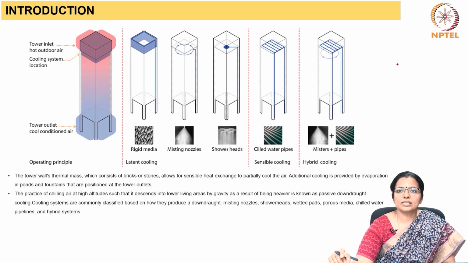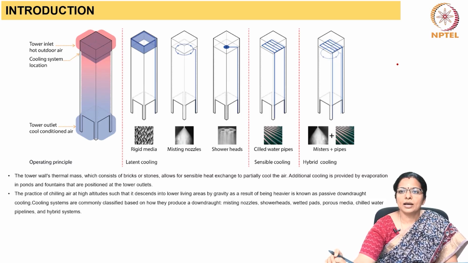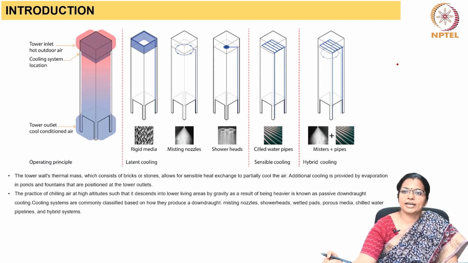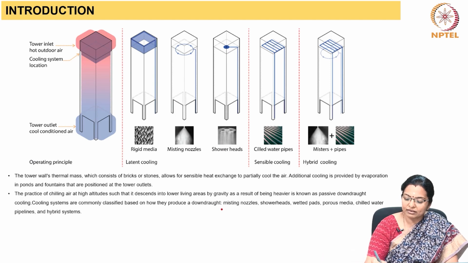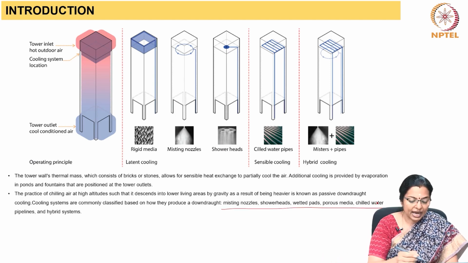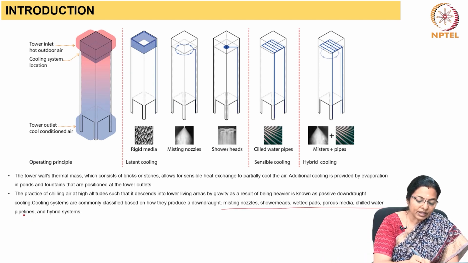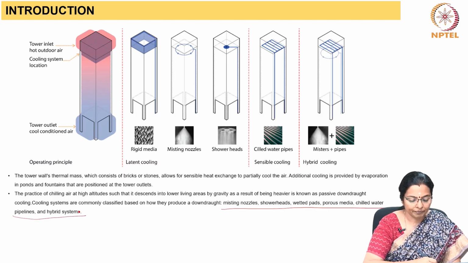So, cooling systems are commonly classified based on how they produce a downdraft. Misting nozzles, shower heads, wetted pads, porous media, chilled water pipes, and hybrid systems are some of the methods through which the air is made heavier by increasing its humidity.